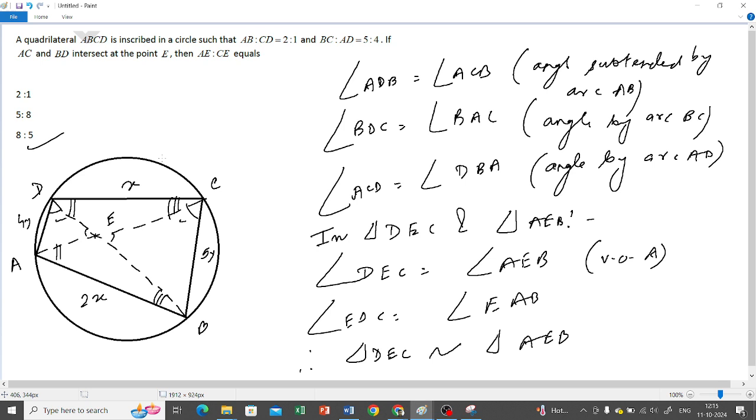Angle subtended by an arc at any point on the circumference is equal. একটা arc circumference এর যেখানেই অ্যাঙ্গেল বানাক সেটা ইকুয়াল.